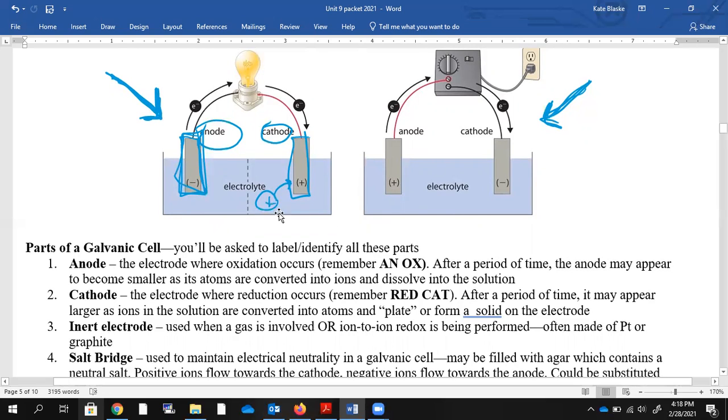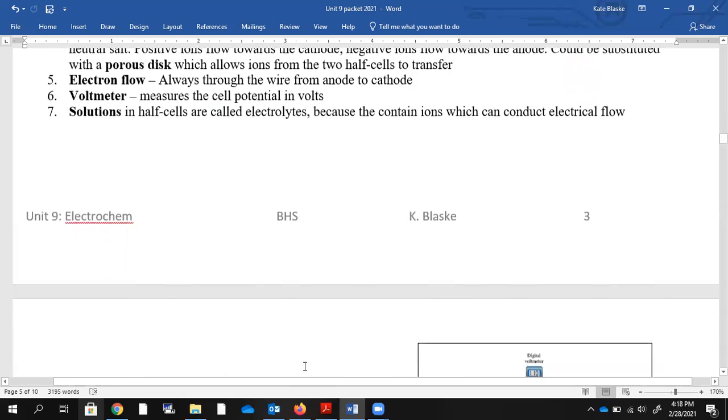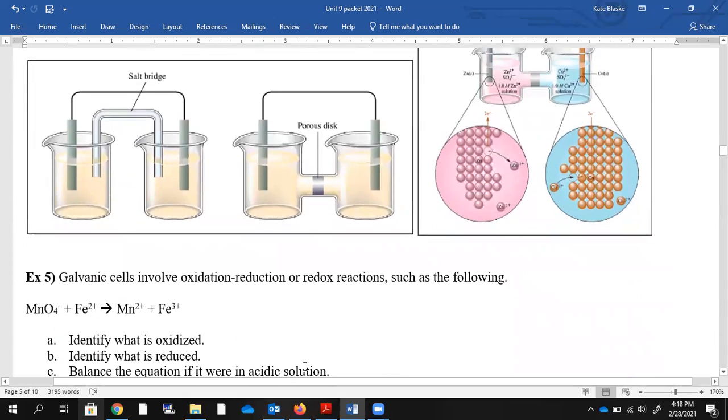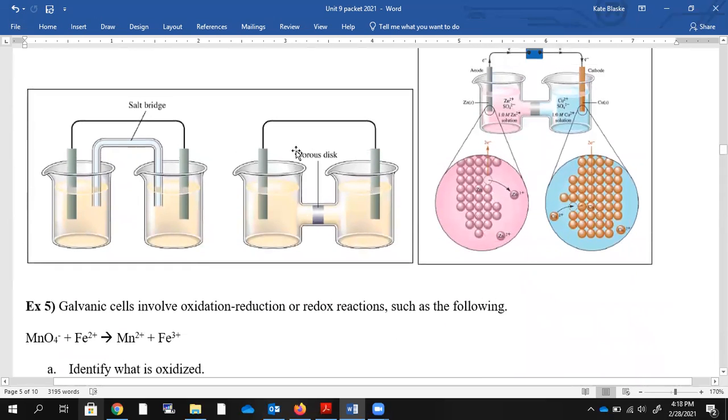Somewhere in that galvanic cell, there needs to be some sort of process to help maintain charge neutrality. So we've got two different possibilities for this. Here are two different ways to set up that galvanic cell. One system that we can use to maintain that charge balance is called a salt bridge.